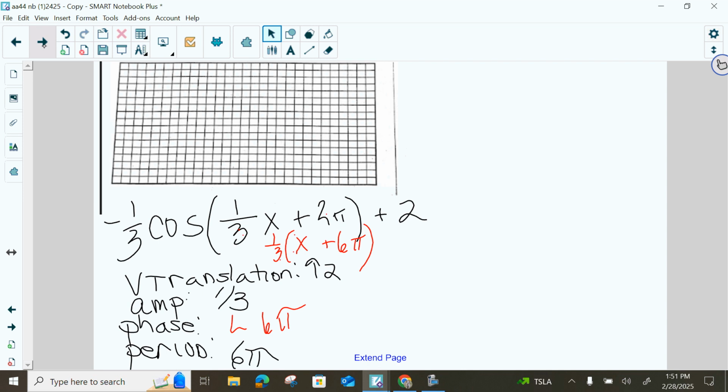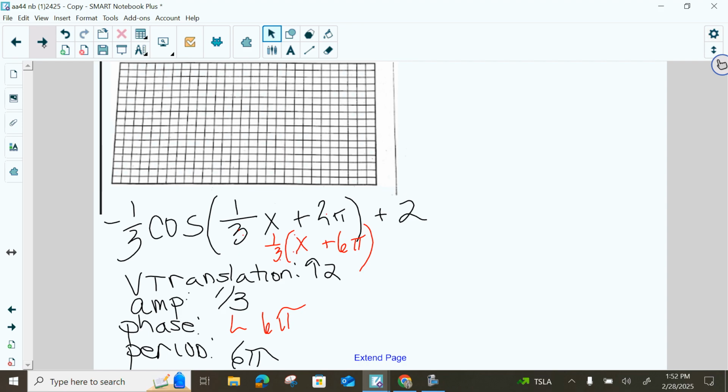If you guys don't like the fractions, just multiply by a common denominator and it will make it easier for you.